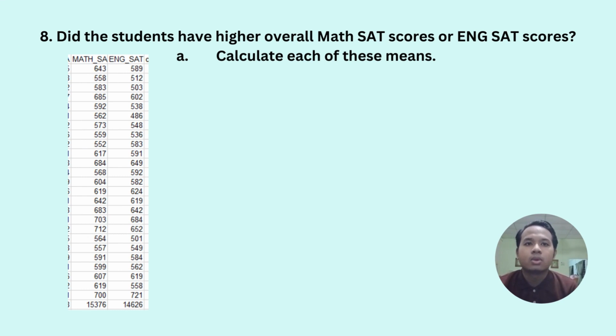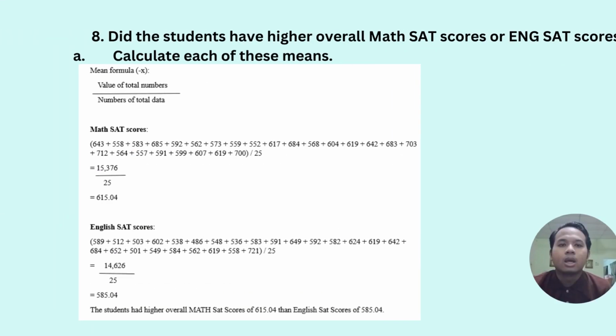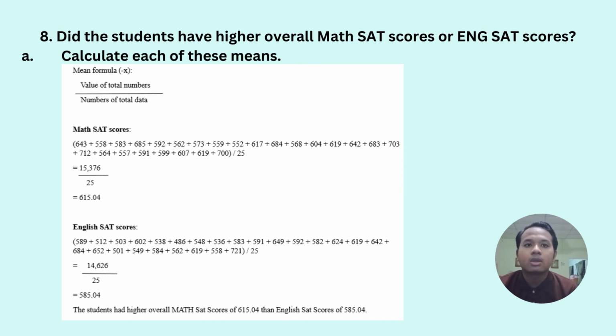Continue with question 8. Does the student have a higher overall maths SAT score or English SAT score? We need to take the data provided for maths SAT score and English SAT score. The question is A. Calculate each of these means.